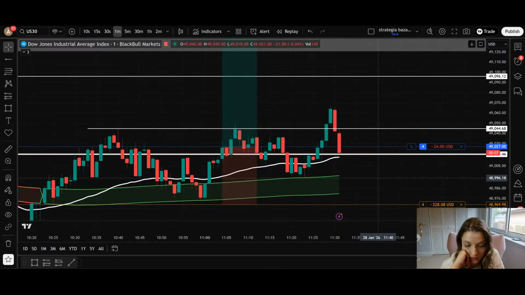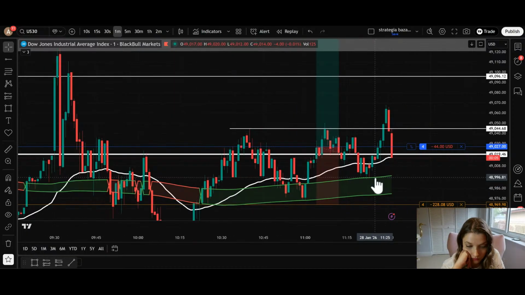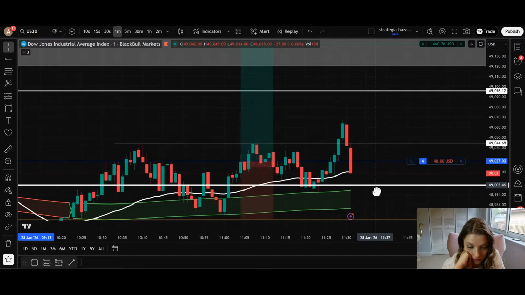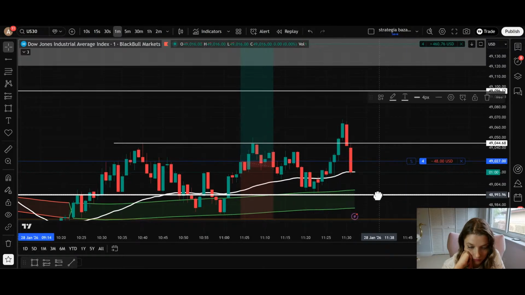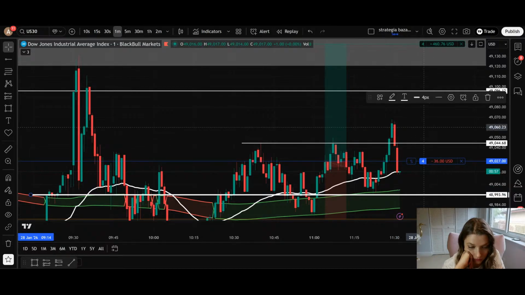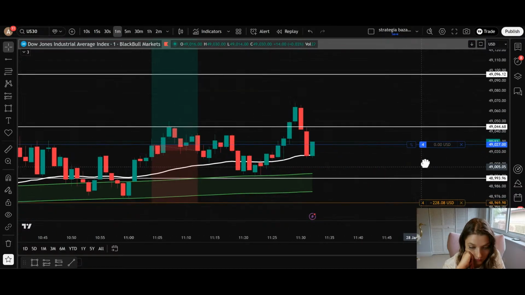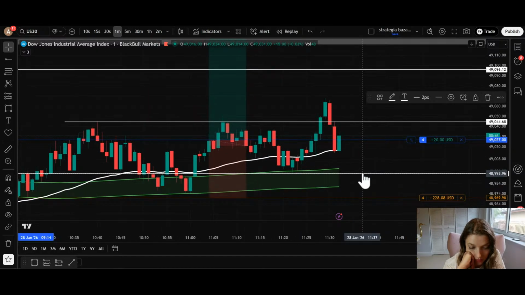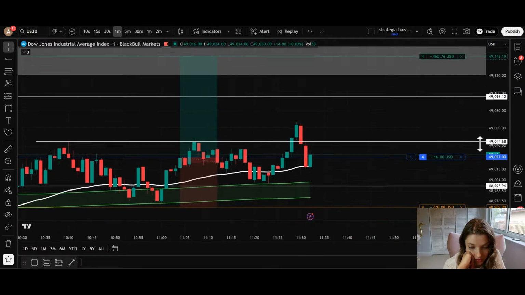If I move my stop loss, I'll just move it below this white line. But I'm not moving it as it stands right now because I have the channel in my way.